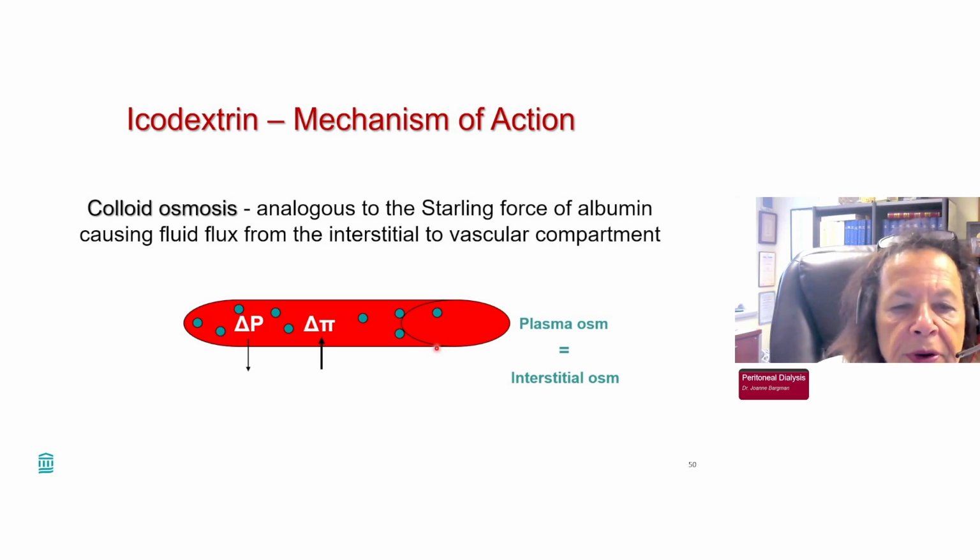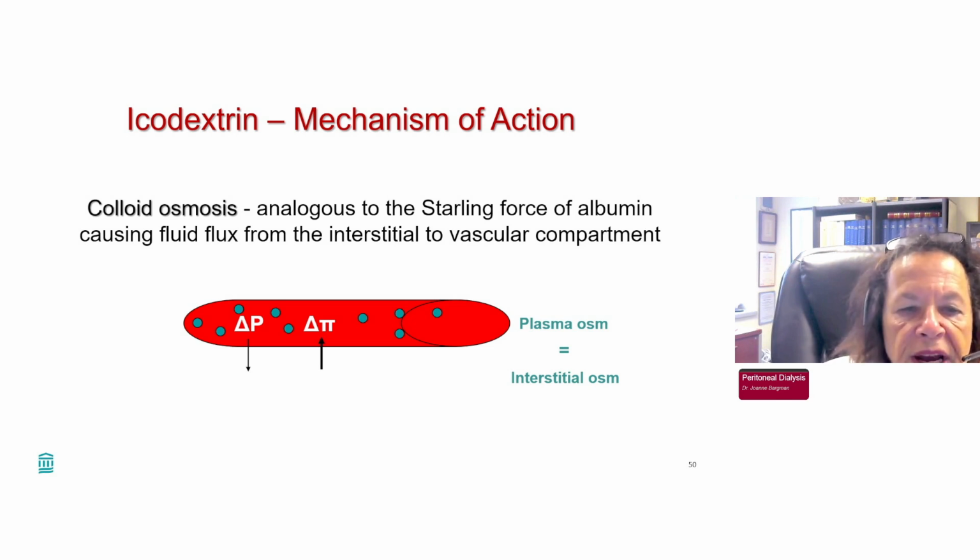You will remember Starling forces say that delta P pushes fluid from the vascular compartment into the interstitial compartment, and it is balanced by the oncotic pressure mainly generated by albumin that's in the vessel compartment and not in the interstitial compartment, that sucks the fluid back by oncotic pressure into the blood vessel, and they usually stay in balance.